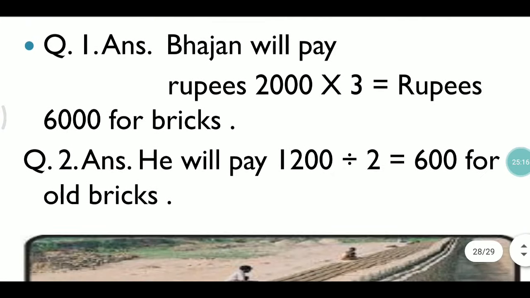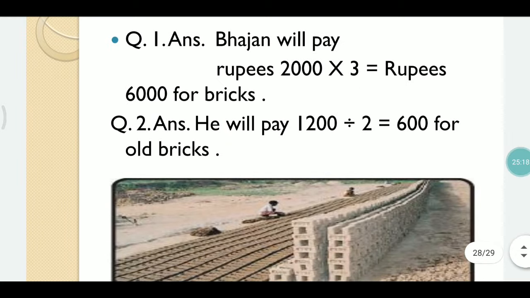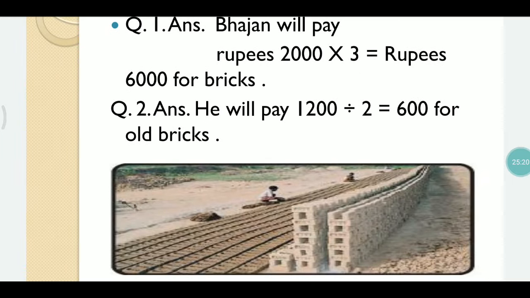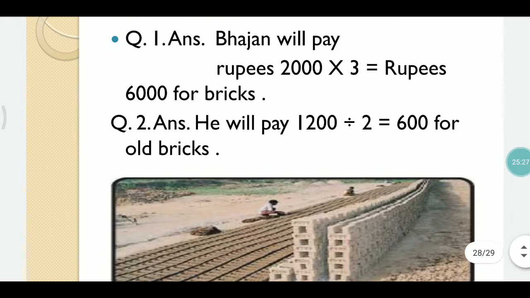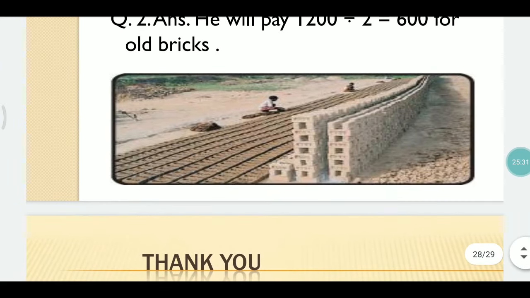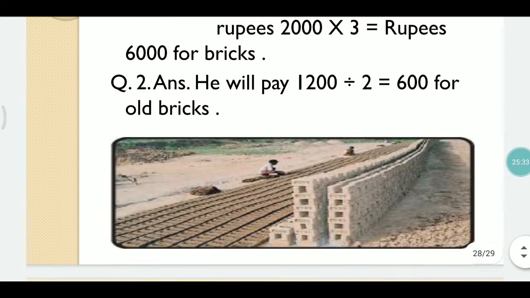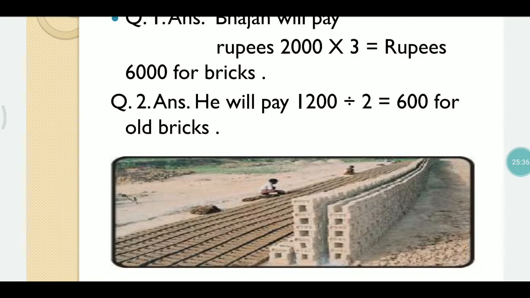You can look at the answer on your page number 28. Okay, students. For 1000 bricks, 2000 rupees. For 3000, multiply by 3. For 500 old bricks, divide by 2.